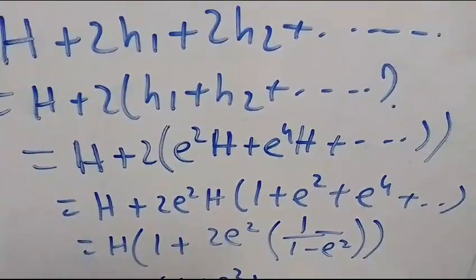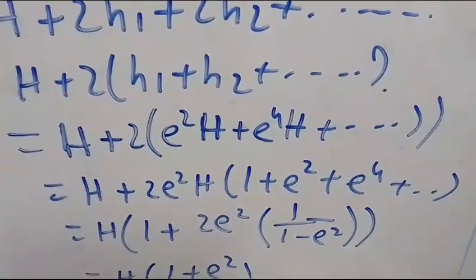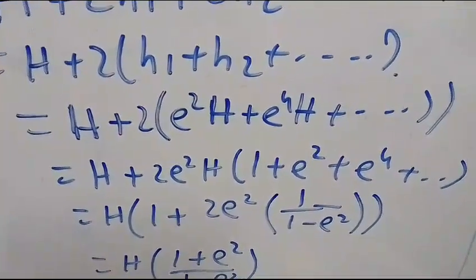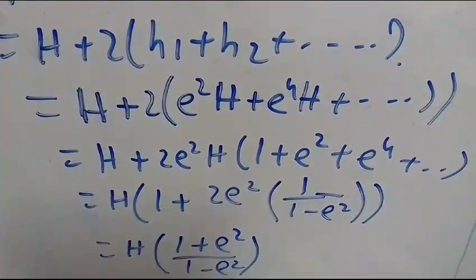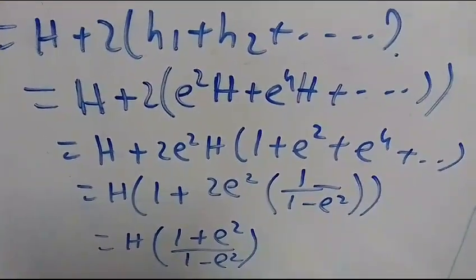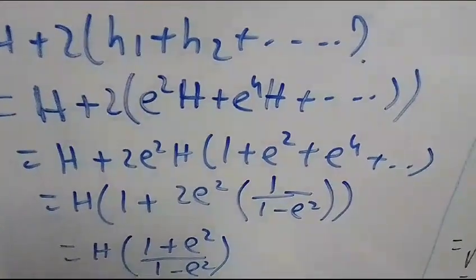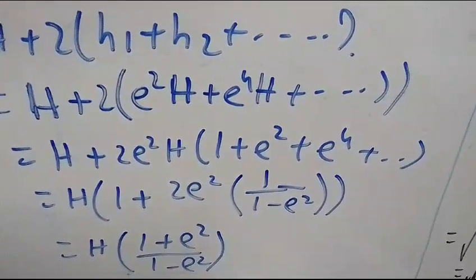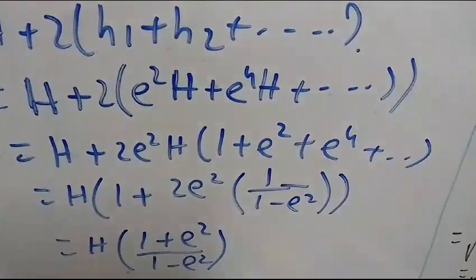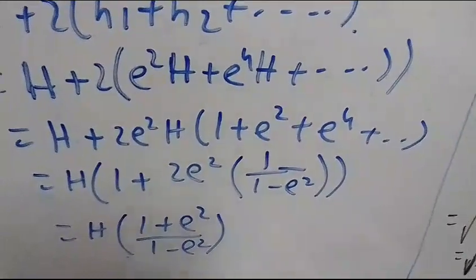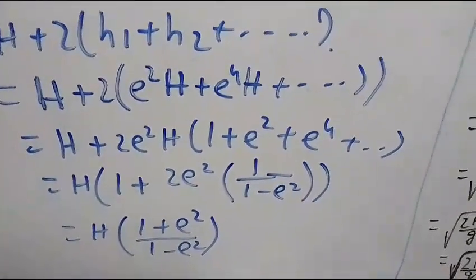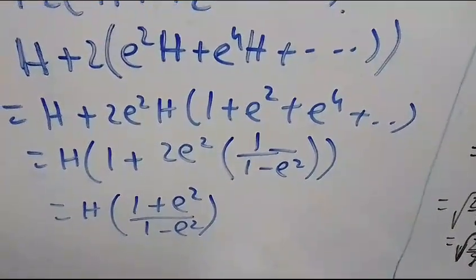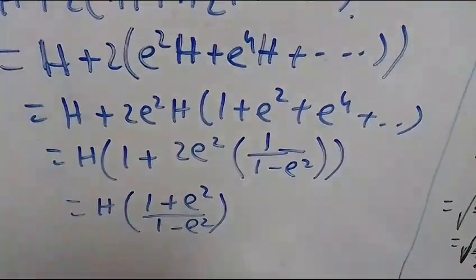So H plus 2 H, taking it common, into 1 plus e square plus e to the power 4 plus ... up to infinity. So H into 1 plus 2e square into 1 by 1 minus e square, because in an infinite series the first term is divided by 1 minus the common ratio. So H into 1 plus e square by 1 minus e square. This is the total distance travelled.